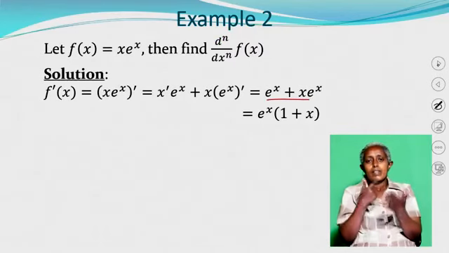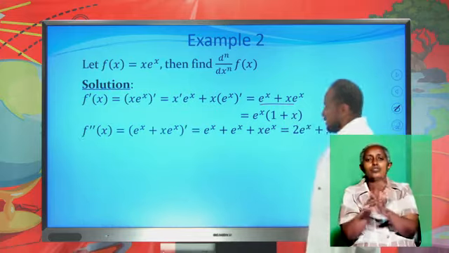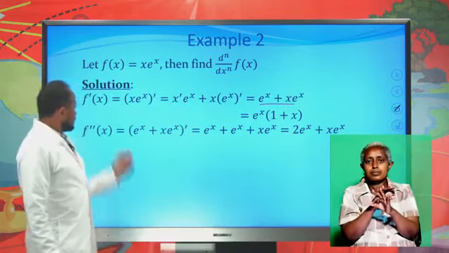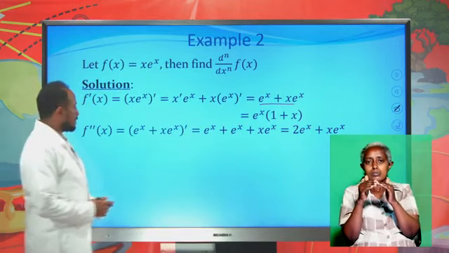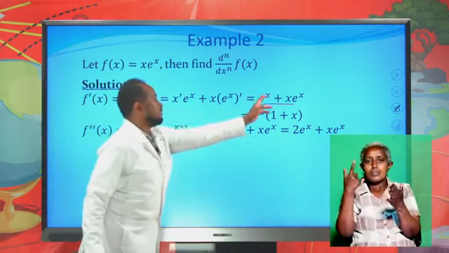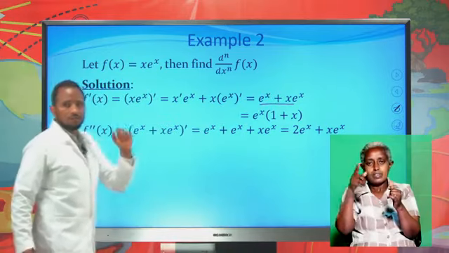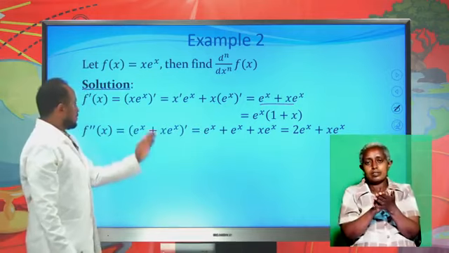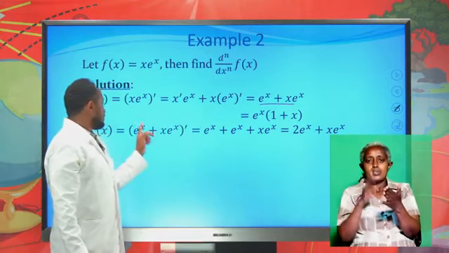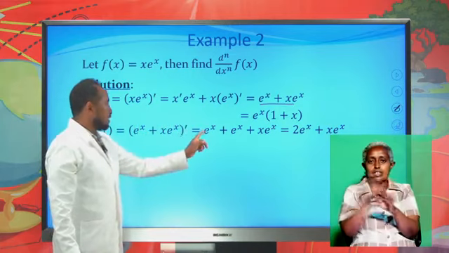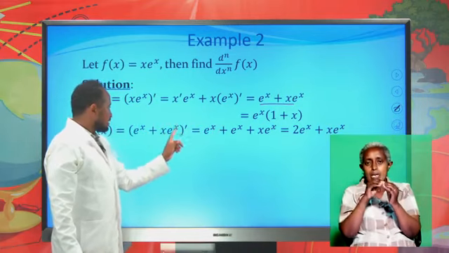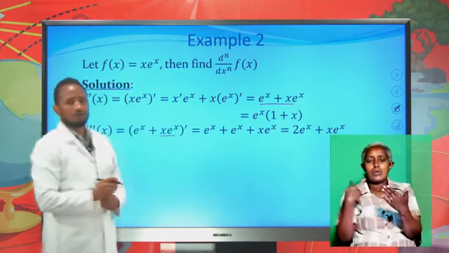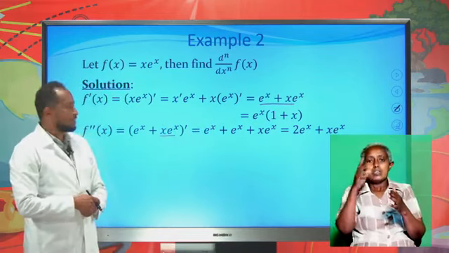Let's try to find the second derivative of this function. The second derivative is equal to the derivative of the first derivative. We have the first derivative here, e raised to x plus x times e raised to x, so you differentiate that. The derivative of this will be the derivative of the first function, e raised to x itself, plus, applying the product rule, or simply we have found the derivative of x times e raised to x here.